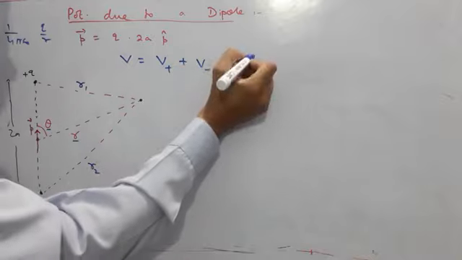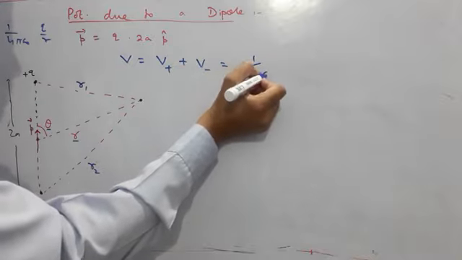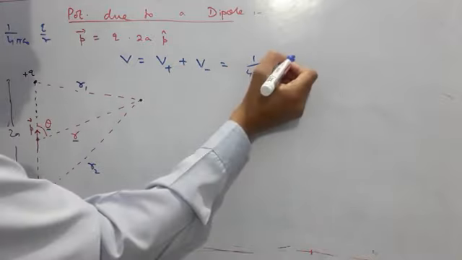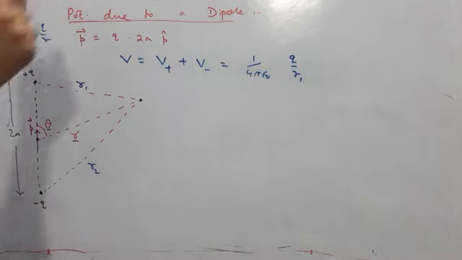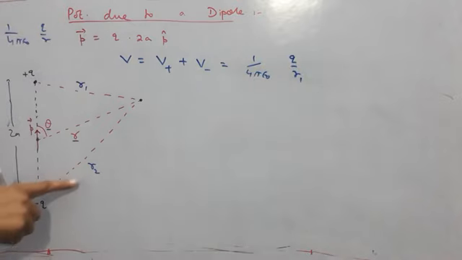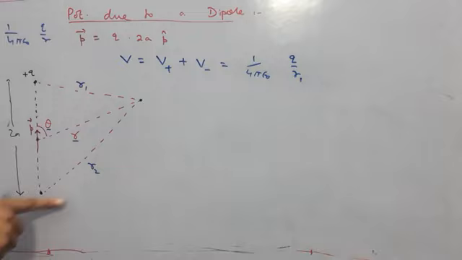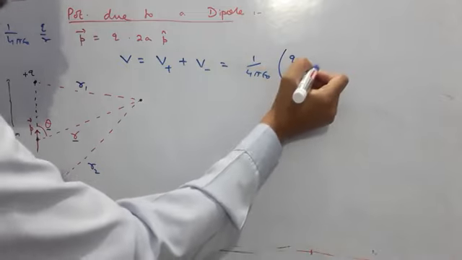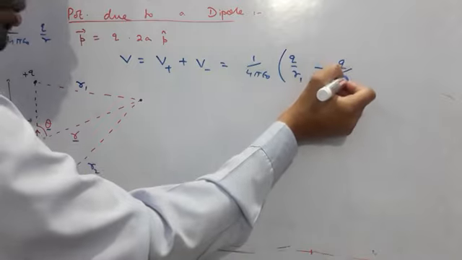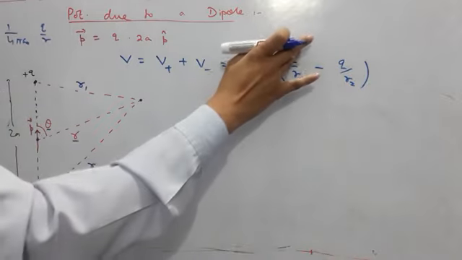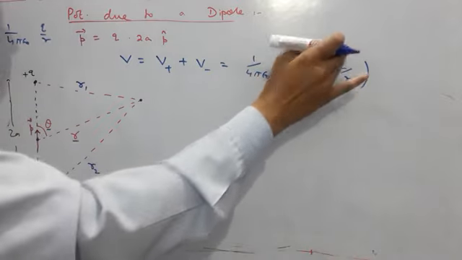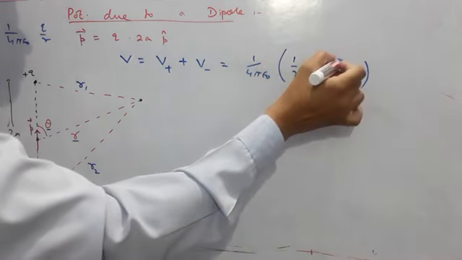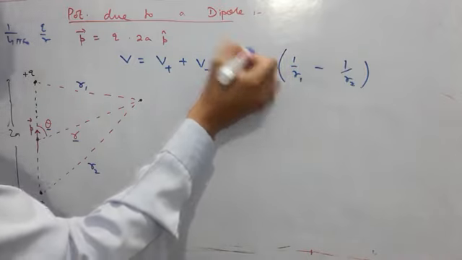So V plus will be 1 by 4 pi epsilon naught into q upon r1, and V minus will be 1 by 4 pi epsilon naught into minus q upon r2. So I can take 1 by 4 pi epsilon naught common, and q also I can take common. So it becomes this much.